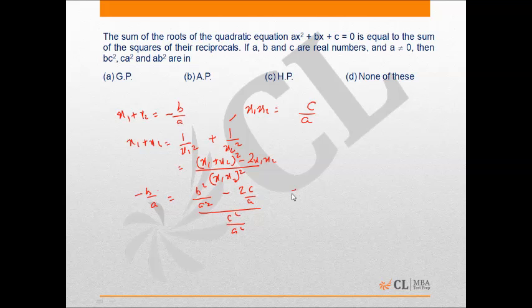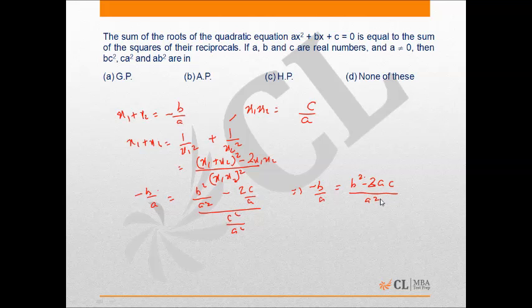So upon simplification we get minus b by a is equal to b squared by a squared minus 2c by a, which becomes b squared minus 2ac upon a squared.